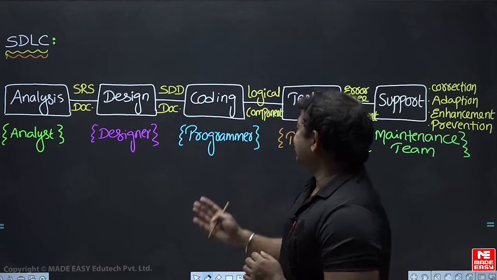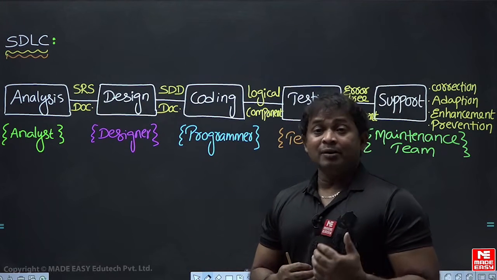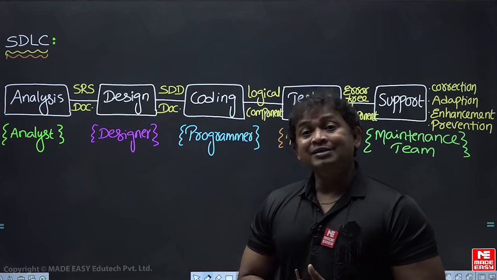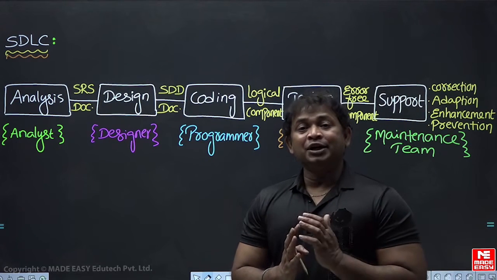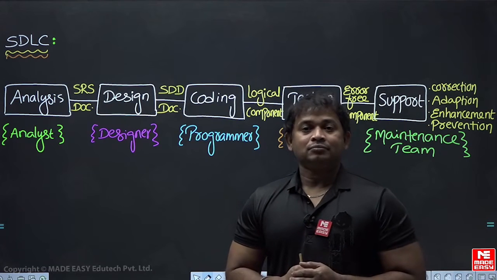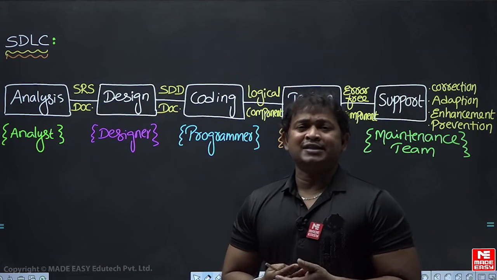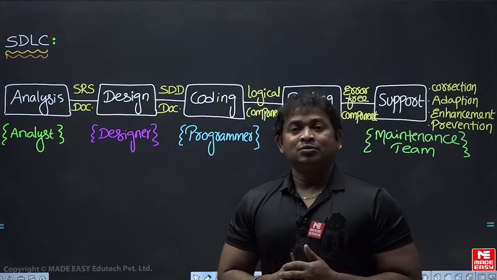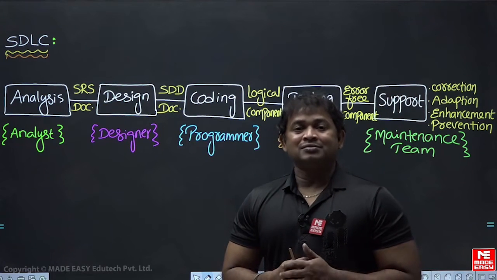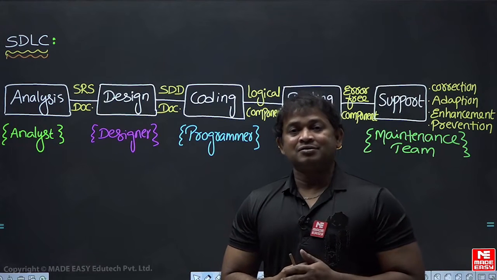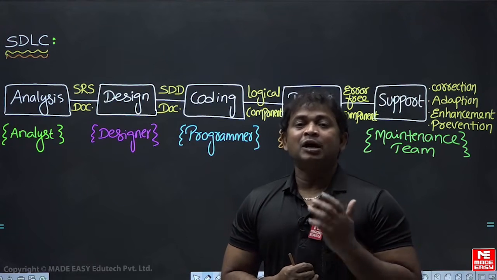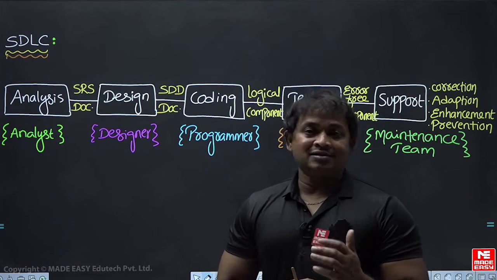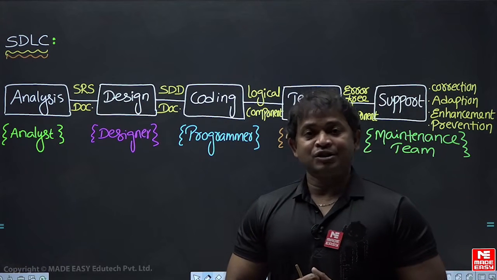In the coding stage, the programmer or developer is present to translate the SDD document into a program. That program is called the logical component. In this stage, different tools, technologies, and languages are used by the programmer to translate the SDD document into a logical component.